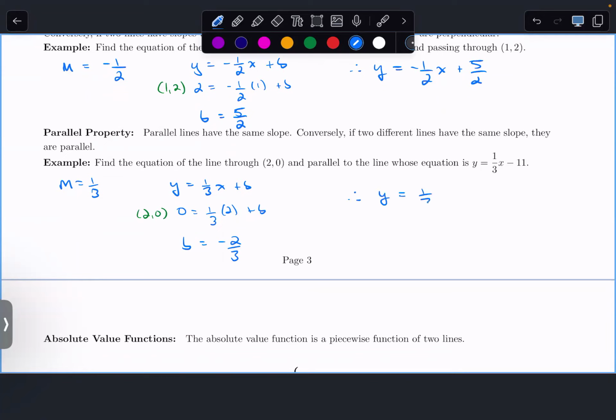Therefore, y must be 1 over 3x minus 2 over 3. I'd encourage you to check all these in Desmos just to make sure that they look reasonable, right?